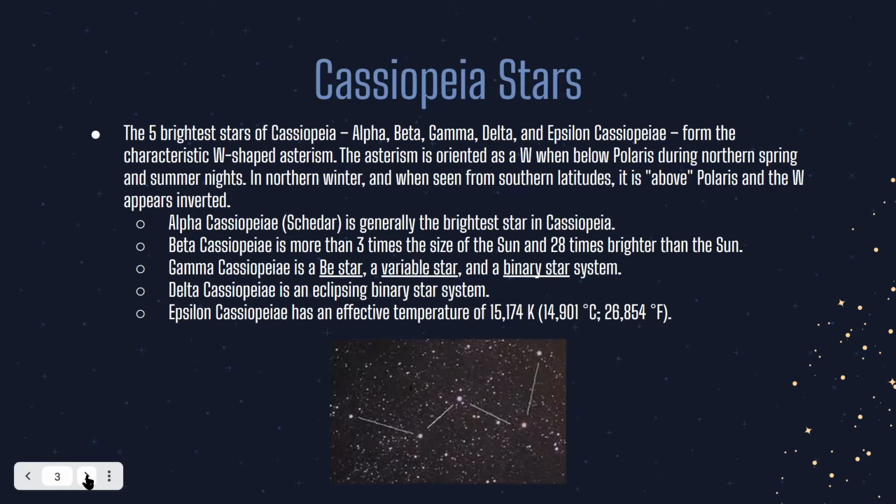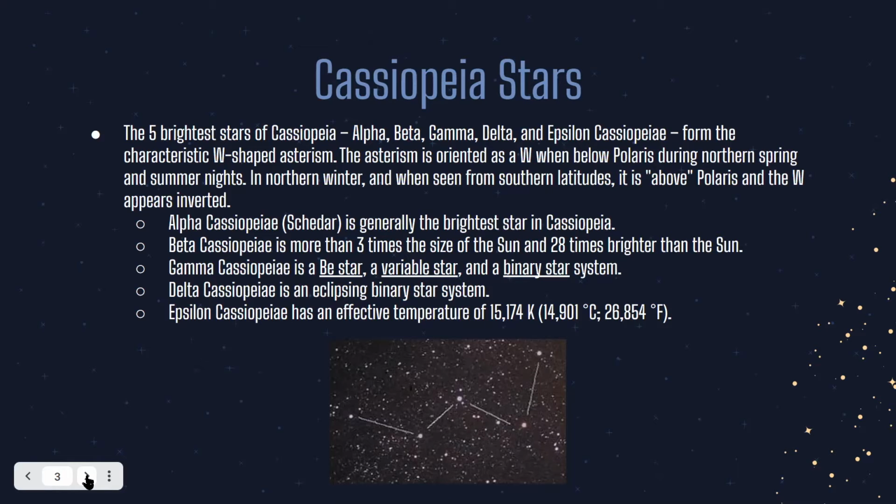This star is also a variable star, which is a star whose brightness as seen from the Earth fluctuates, and also a binary star, which is a star system consisting of 2 stars orbiting around a common barycenter. Delta is an eclipsing binary star system.